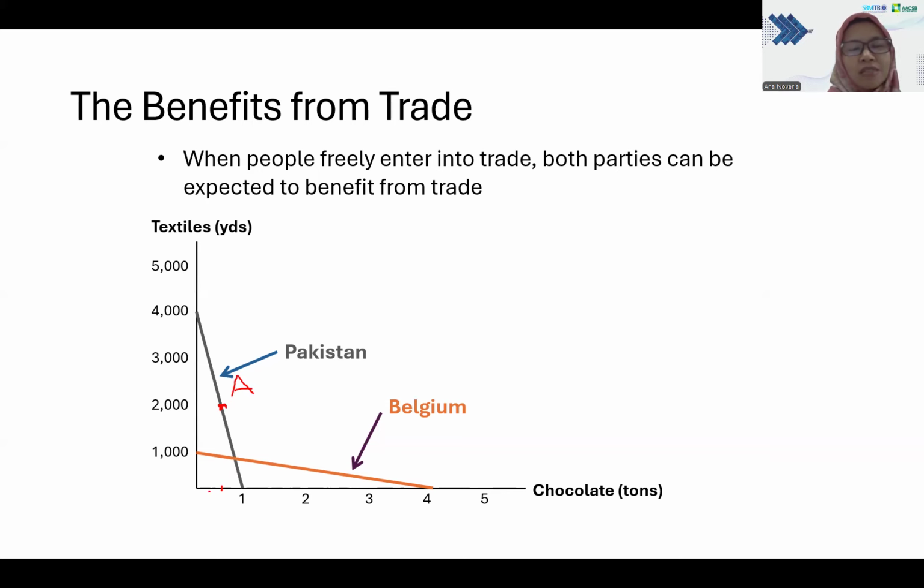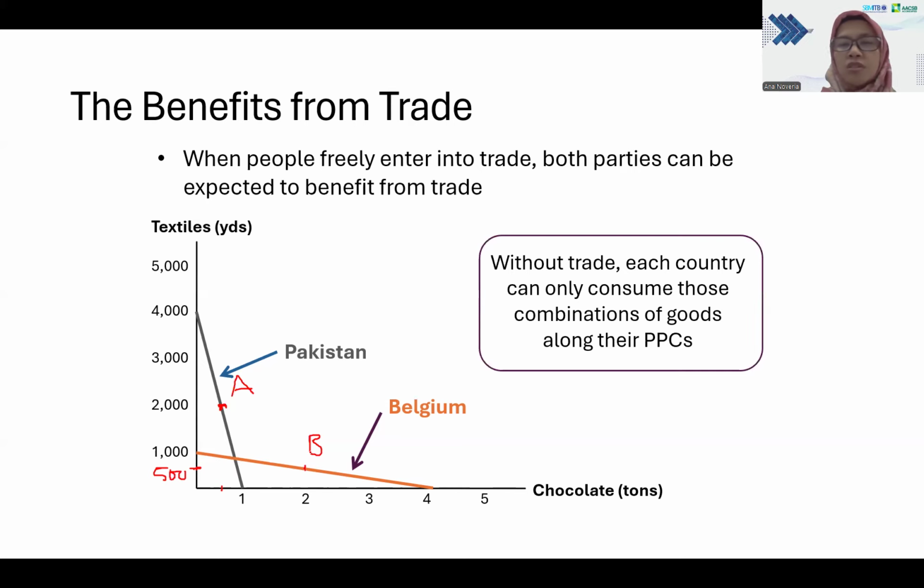And for Belgium, let's say they produce 2 tons of chocolate and 500 yards of textile. So we have a point B here. Now, what if they focus on specializing in the good that they have a lower opportunity cost? This is the PPC without trade.